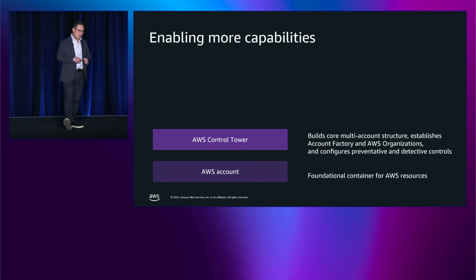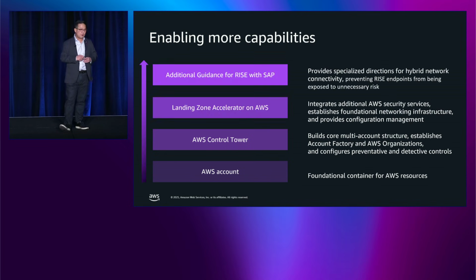Now, in addition to Control Tower, what if you need help with additional things? Maybe you want to integrate additional AWS services like security services. Maybe you want to leverage a DevOps pipeline that will allow you to do tighter configuration management. With that, we have the Landing Zone Accelerator on AWS from our professional services team.